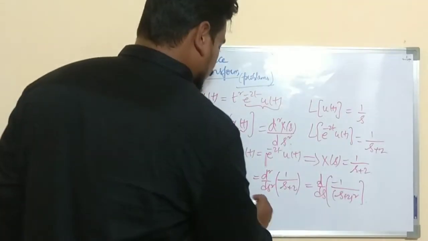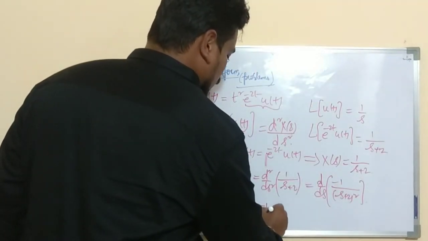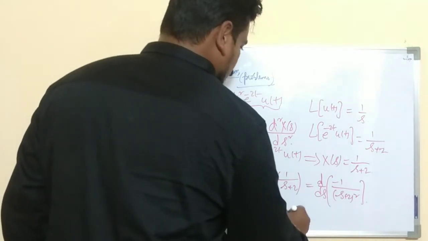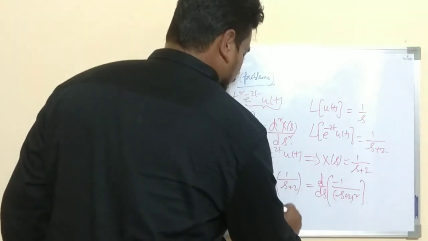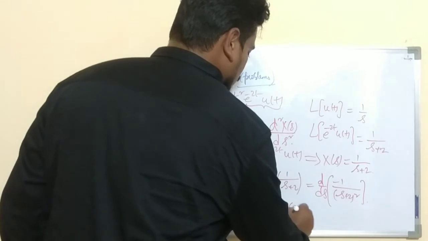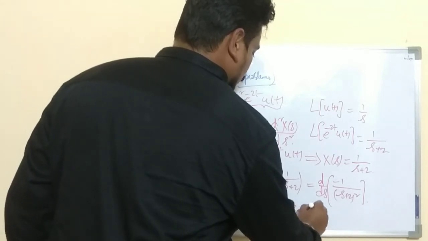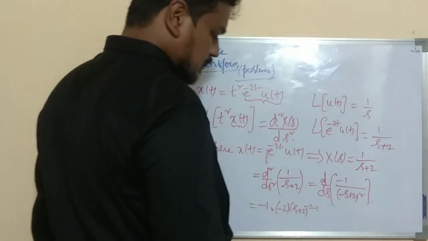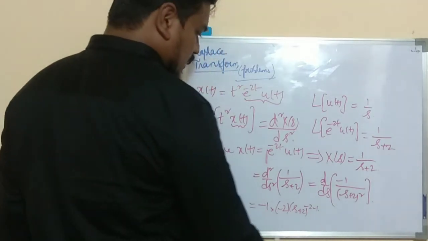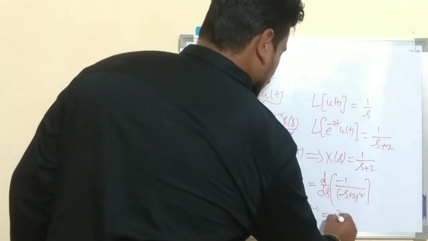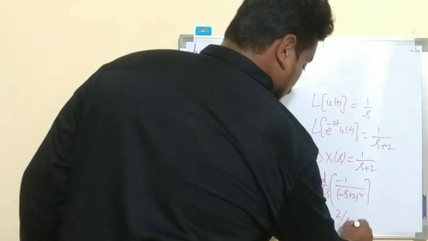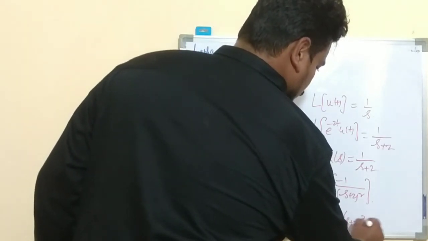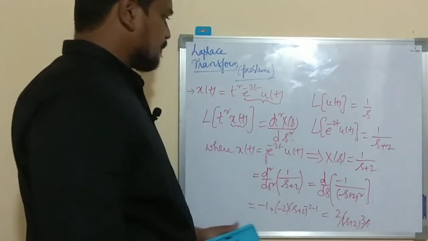So second time if you differentiate, minus 1 into minus 2 into (s plus 2) to the power of, so altogether this becomes 2 divided by (s plus 2) whole cube. So this will be your answer.